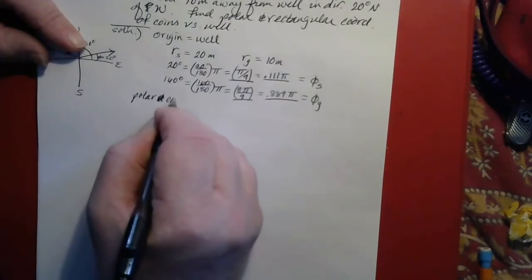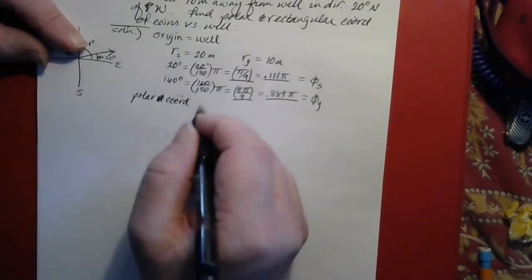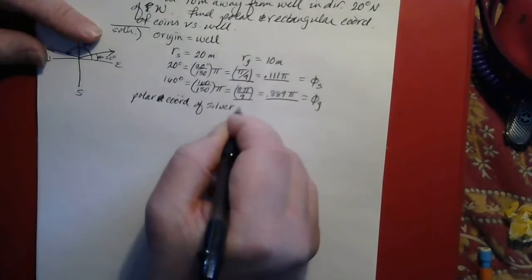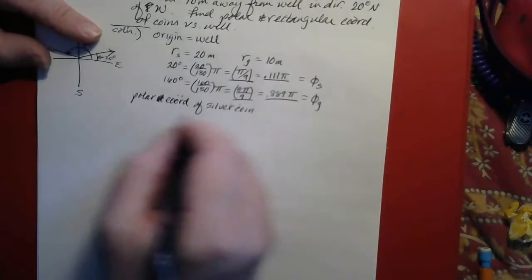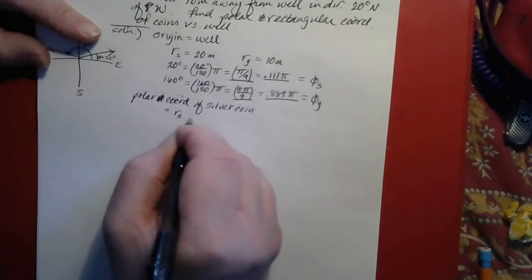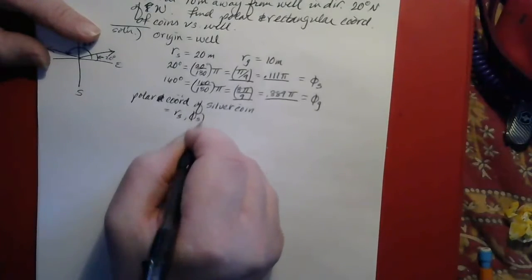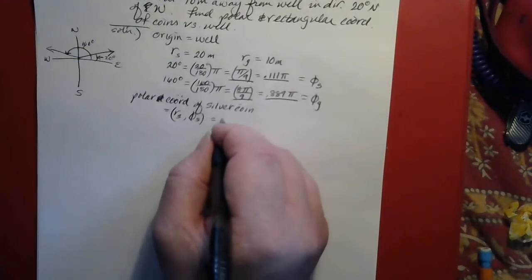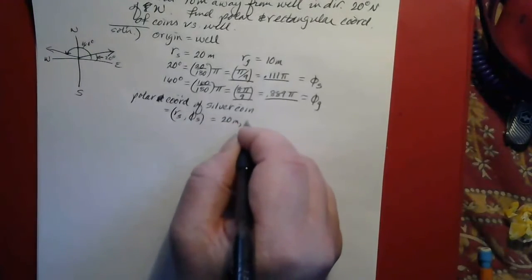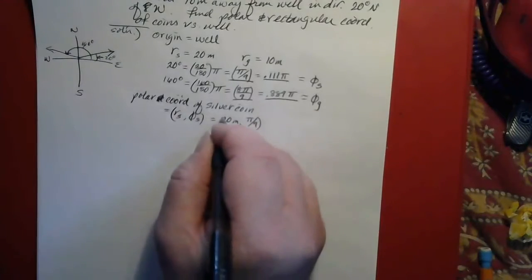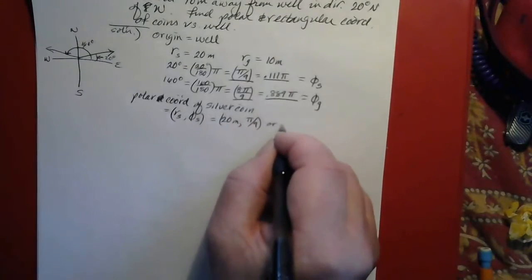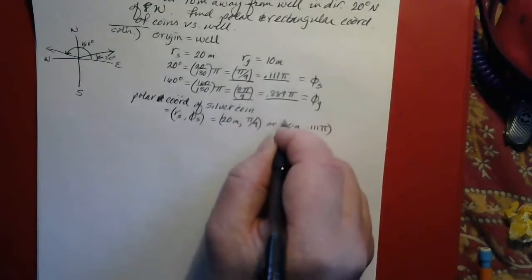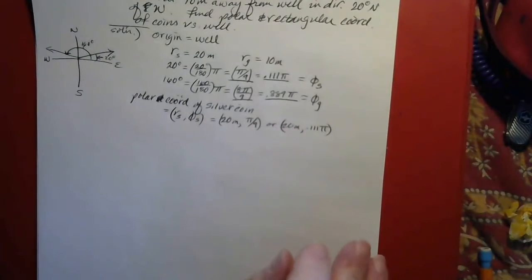So the polar coordinates of the silver coin would just be r_s, phi_s, and that's going to be 20 meters and pi over 9, or 20 meters and 0.111 pi.